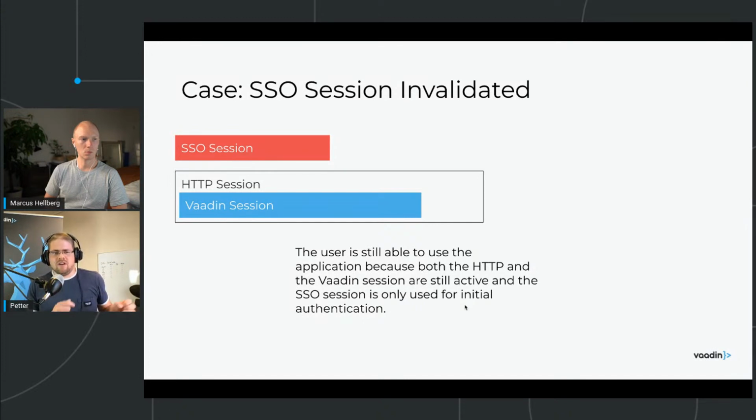But if we have many different Vaadin applications and we want to use the same single sign-on session for all of them, then we probably want the SSO session to stay active, even though we will be closing these individual HTTP or Vaadin sessions. So the SSO logout and expiration, it depends on your use case.